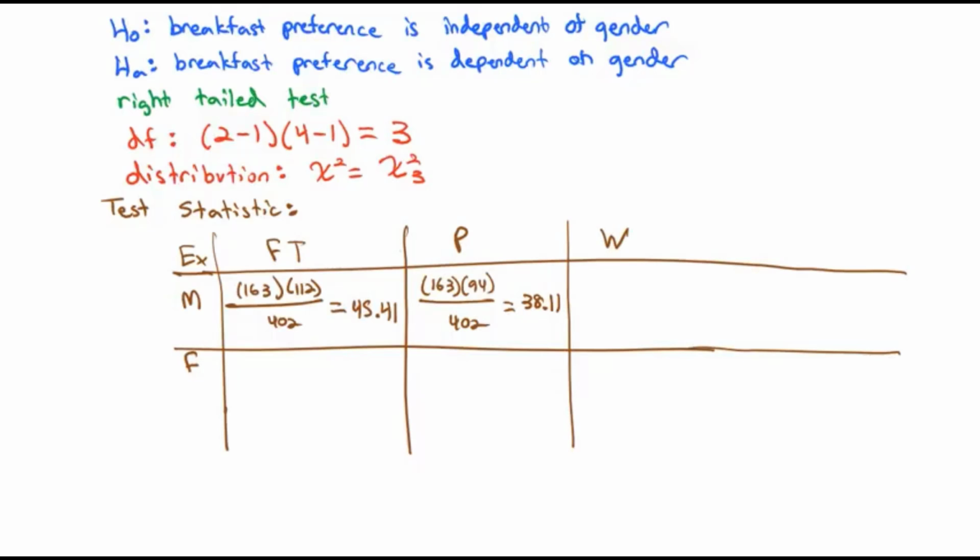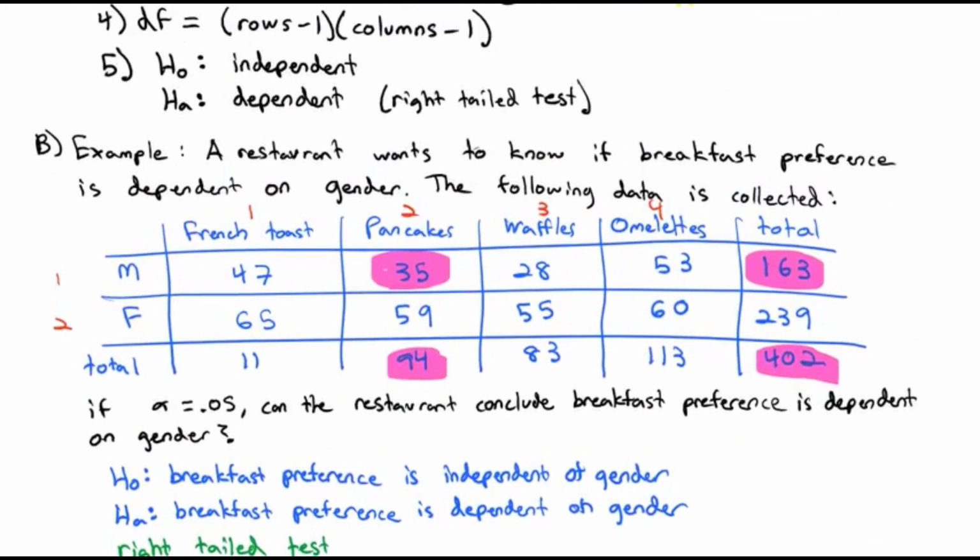Next is waffles. With the waffles, we want the third column in the first row. So we're going to multiply 163 times 83 and divide by the total.